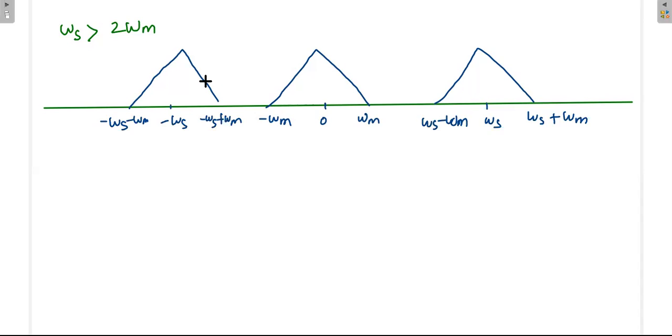Now this is X_s of omega. That means the spectrum of the sampled signal when the sampling frequency is much greater than twice the maximum frequency of the signal x of t.